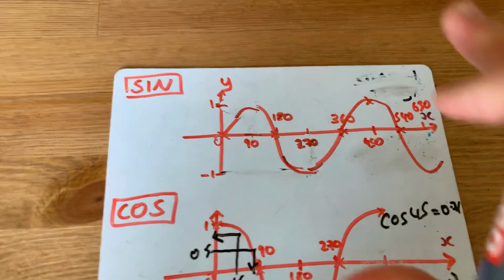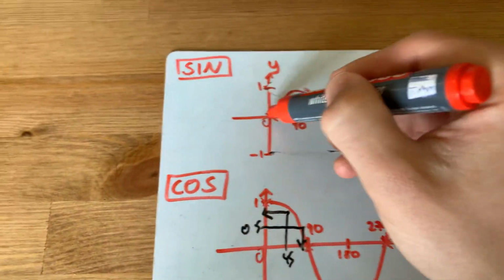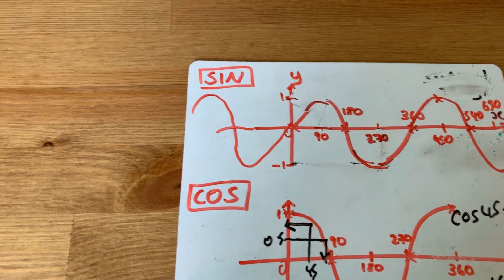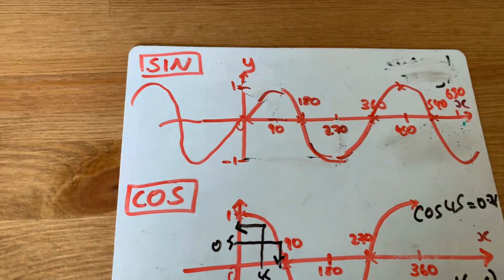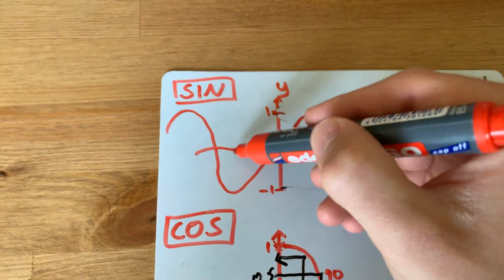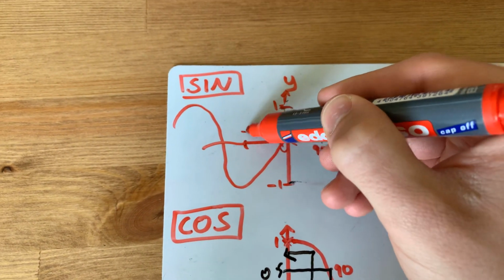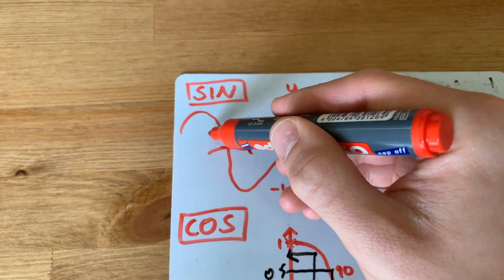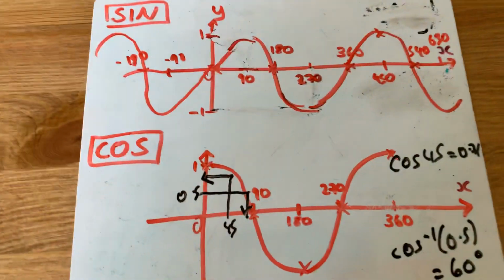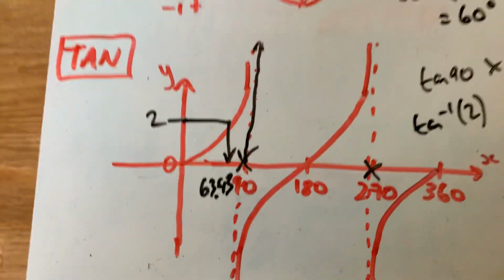So it keeps going for infinity that direction. It also keeps going, sorry, one-handed drawing is not very good, for infinity in this direction as well. So let's just consider this, 90-degree intervals. This point here, where it's -1, will be minus 90. And the point where it's back to 0 will be minus 180. Okay, so we've got an infinite function here. Same for cos, same for tan.